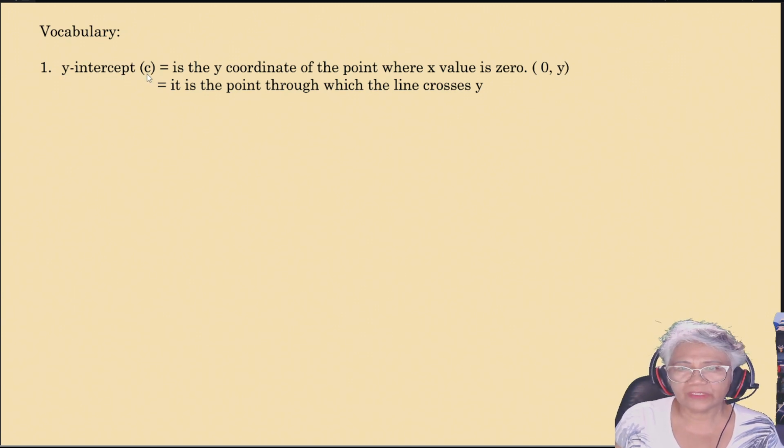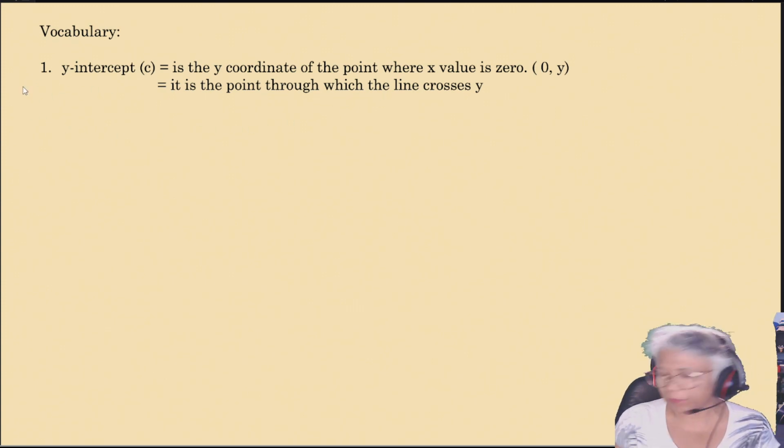The y-intercept is represented by letter C. Now this is the y-coordinate of the point where the x value is 0. Okay, so you have here 0 and then y. Or it is the point through which the line crosses the y-axis. Okay, so that is the y-intercept.